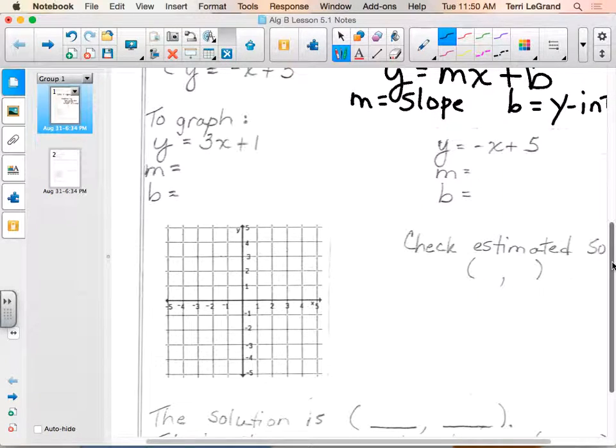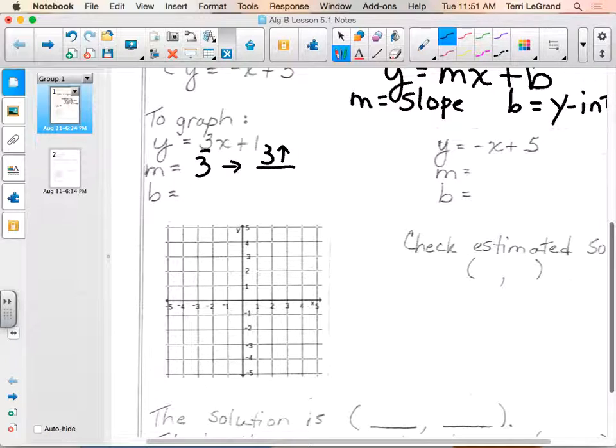So here's our first one, y equals 3x plus 1. What's our slope? 3. When we do 3, do you remember what we do on the graph for that? What do we do to graph with slope of 3? Isaac? Oh, not to the right 3. What do we do? Let's go up 3.